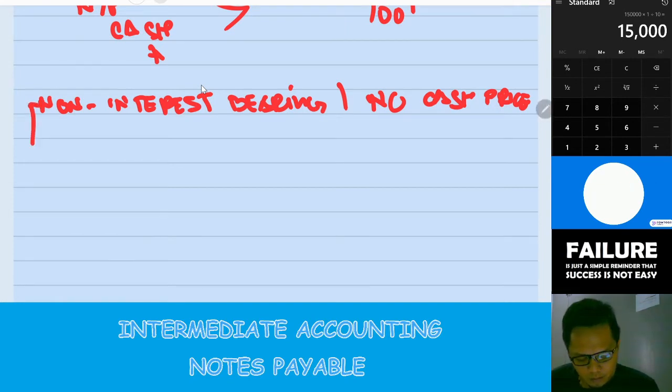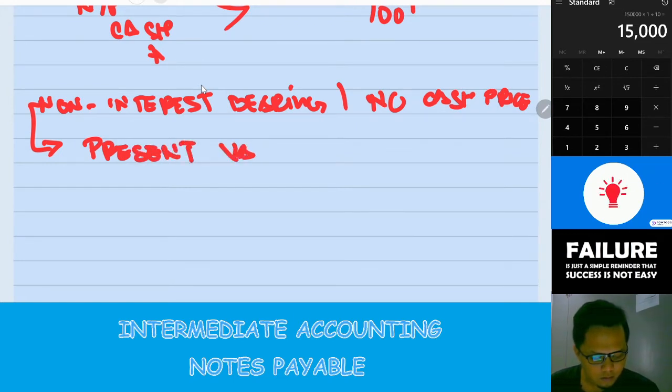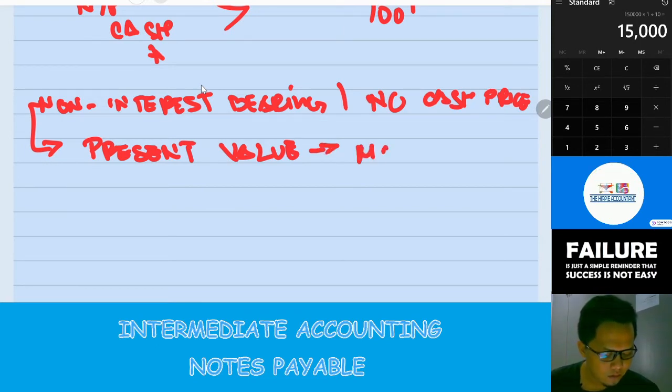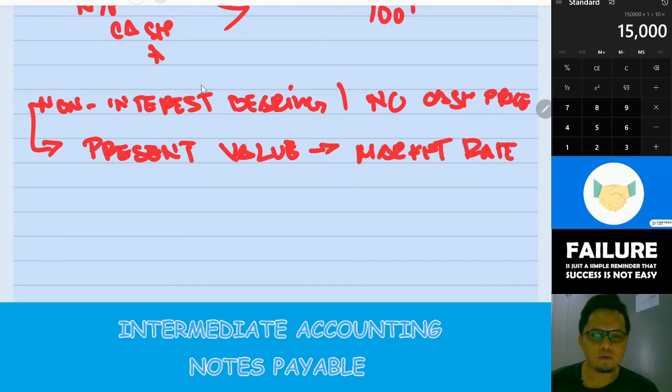So, we will use now the concept of the present value, using the existing market rate, or kung applying the concept of bonds payable, effective rate. Okay? So, let's have an example.